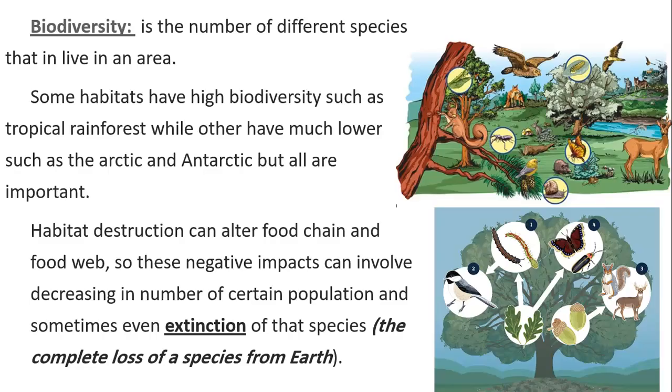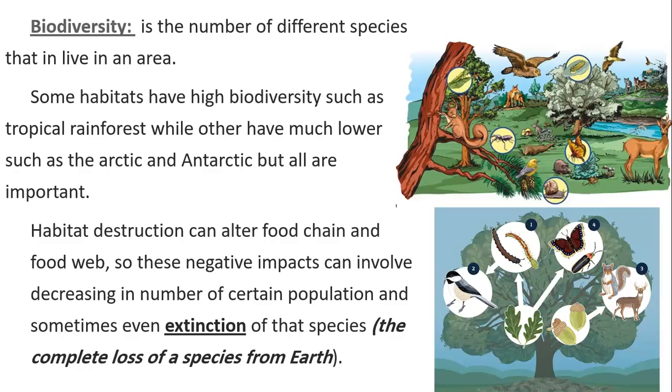But all habitats are important, because the destruction of any habitat can cause alterations in the food web and food chains, and this will definitely have a negative impact on the whole ecosystem. It will involve a decrease in the number of a certain population, and as we discussed before, any decrease can cause an increase in other populations that might destroy a full habitat, especially if it was a key species.